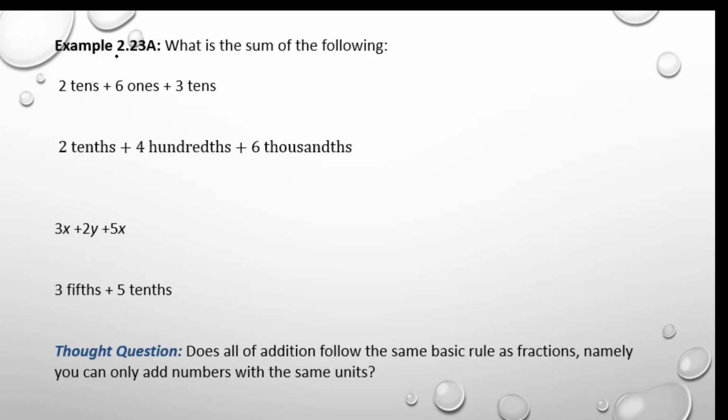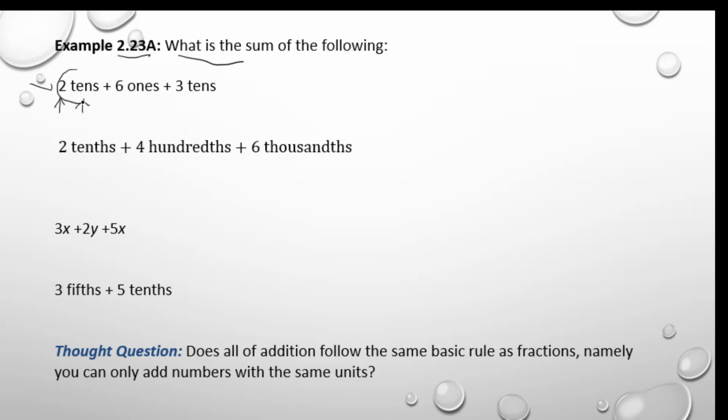Okay, so this one you're responsible for, and it is, what is the sum of the following? So I'm going to do this one first. Notice this is the quantity, how many we have, and this is the unit. Okay? So we're not going to be able to add 6 10s and 6 1s and get 8 of something because we cannot add different units.